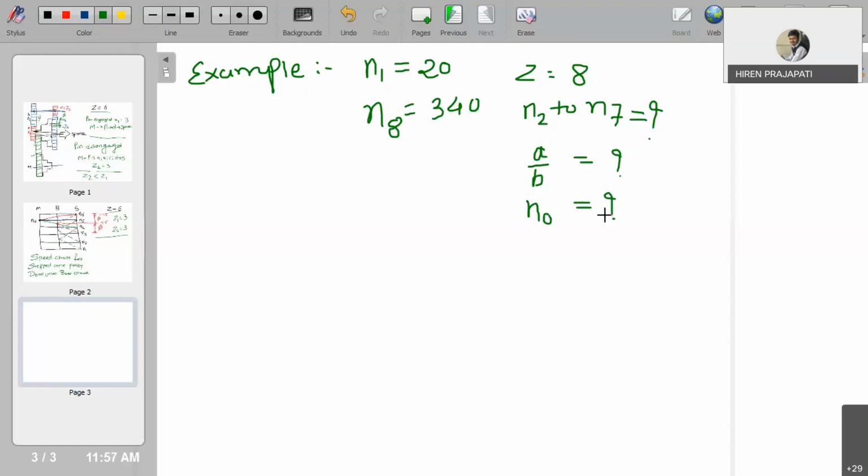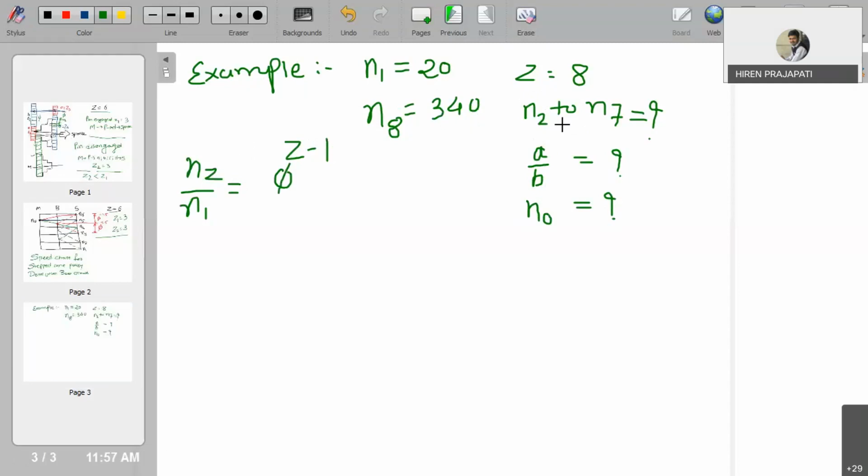Okay. So first of all, as it is based on geometric progression, these intermediate speeds are based on geometric progression, right? So we want total 8 speeds. Then we know the equation, that is nz by n1 is equal to phi raised to z minus 1, right?